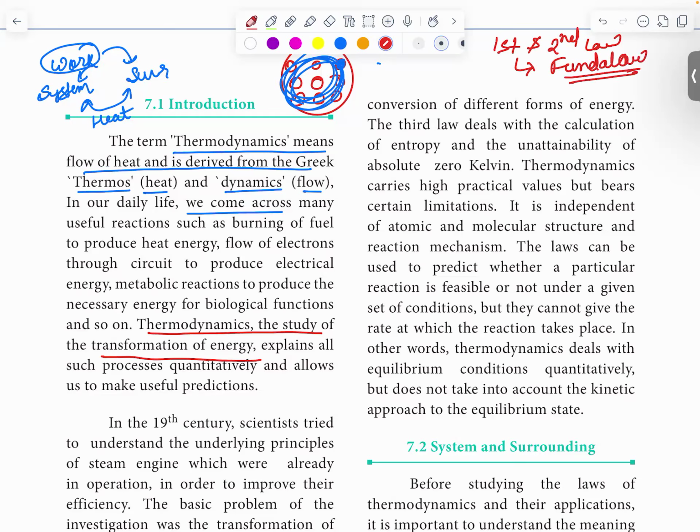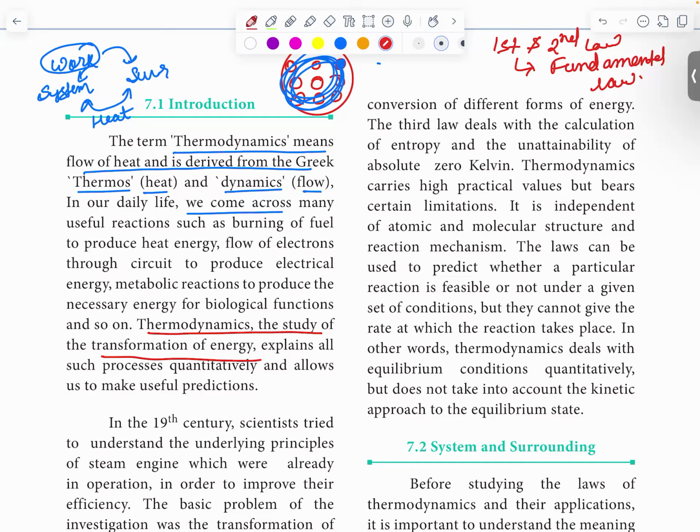Why are we calling the first law and the second law the fundamental laws? Because there is no process in the universe which violates the first and second law, which contradicts the first law of thermodynamics or the second law of thermodynamics. That's why I call the first law and the second law of thermodynamics the fundamental laws.